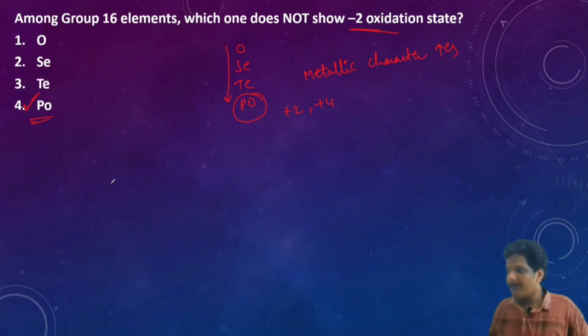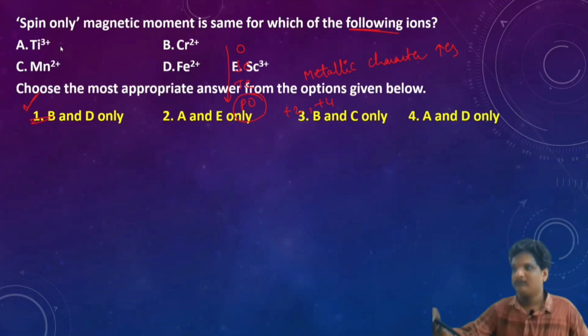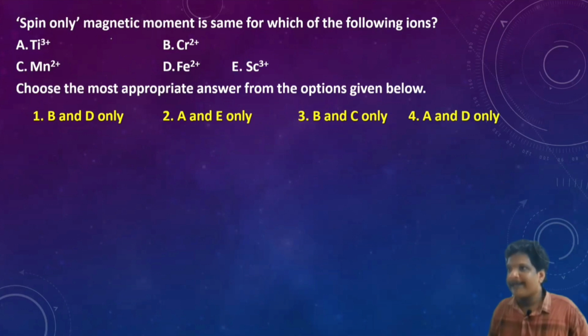Okay, now let us move on to the next question. Spin-only magnetic moment is the same for which of the following ions? Here we have titanium +3, chromium +2, manganese +2, iron +2, scandium +3. In order to get this, you have to know the spin-only magnetic moment.